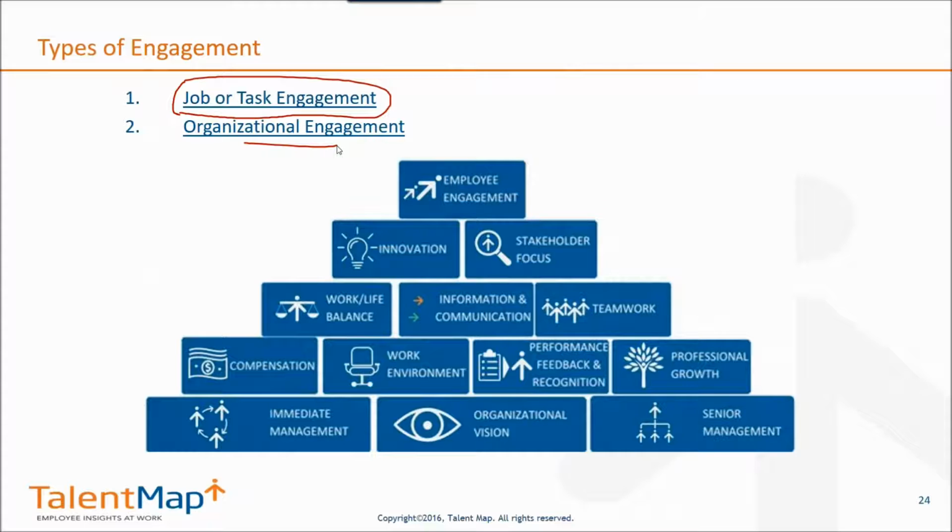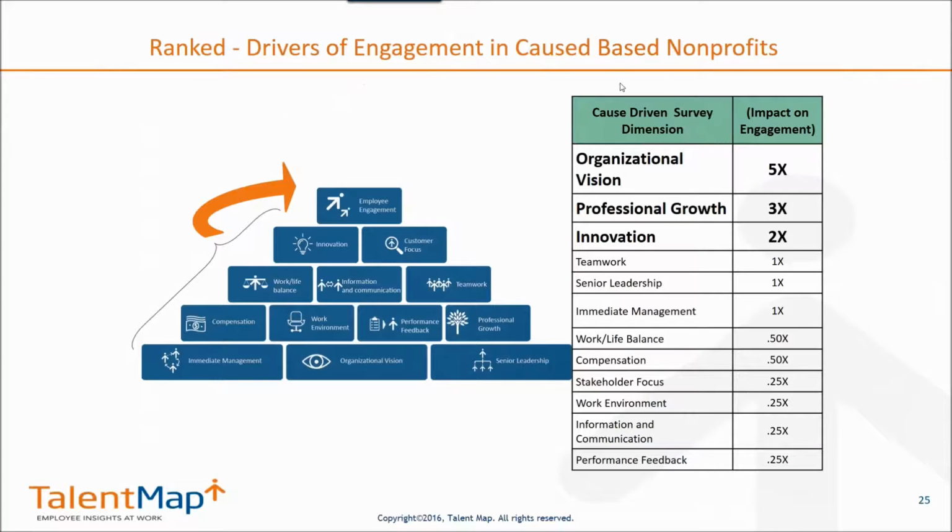That's different than what we see in cause-based organizations. Some of you may have been on this webinar last month, where we showed what drives engagement in cause-based organizations. These are often organizations driven by, maybe, the Cancer Society or an environmental cause.